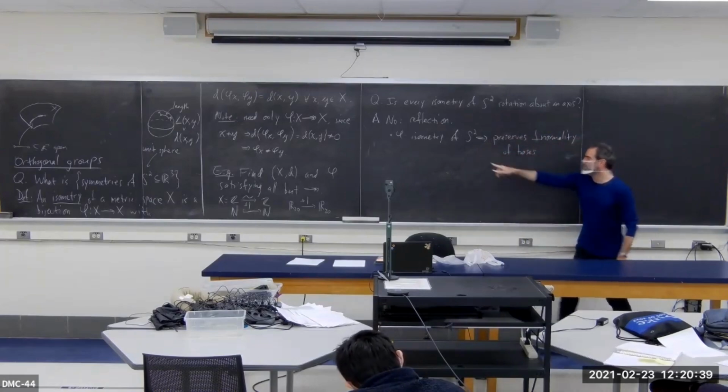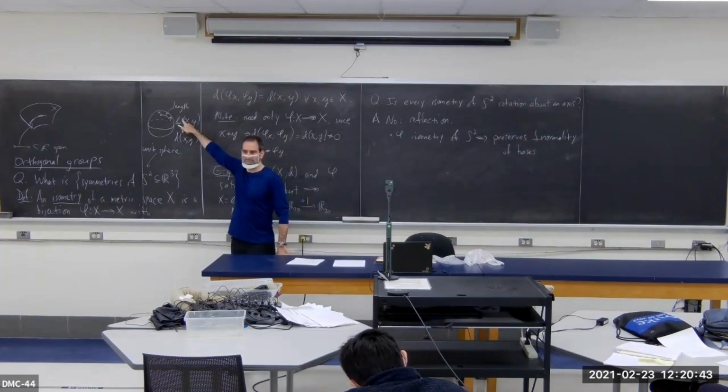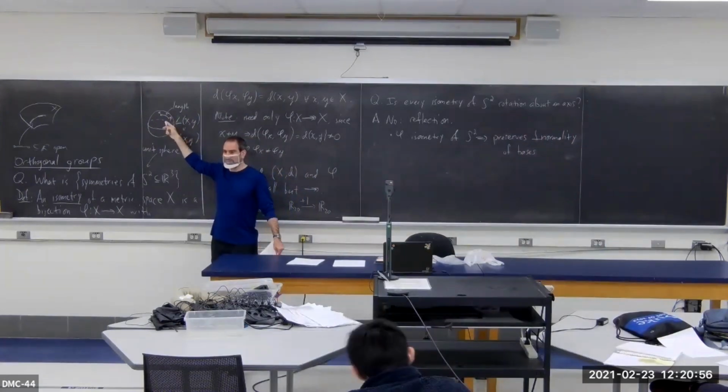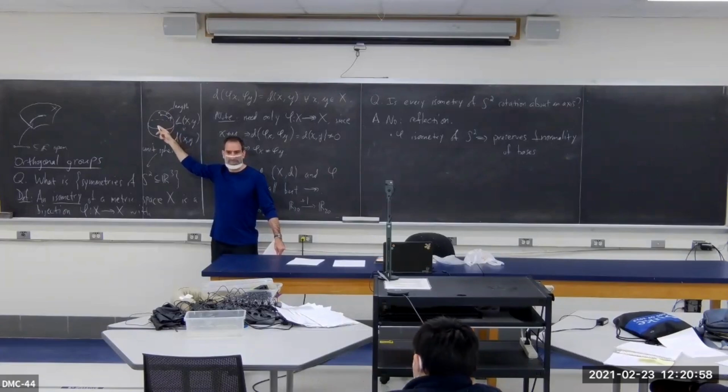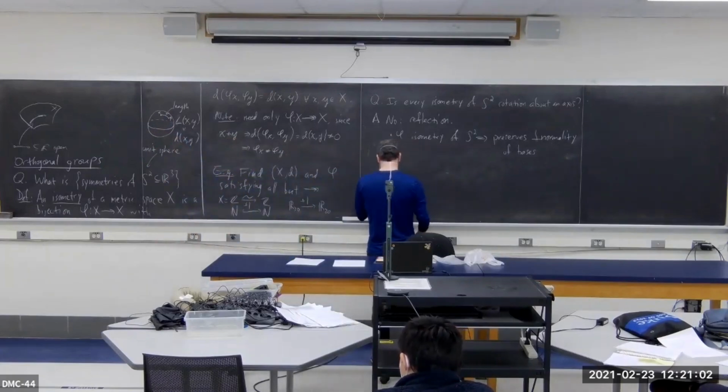Why is that? It's because it preserves angles. If you have an isometry, then it preserves the angles between vectors. So if you have an orthonormal basis, they are unit vectors, which lie on the sphere, and their angles are preserved, so they remain orthogonal to one another. That's just by definition.